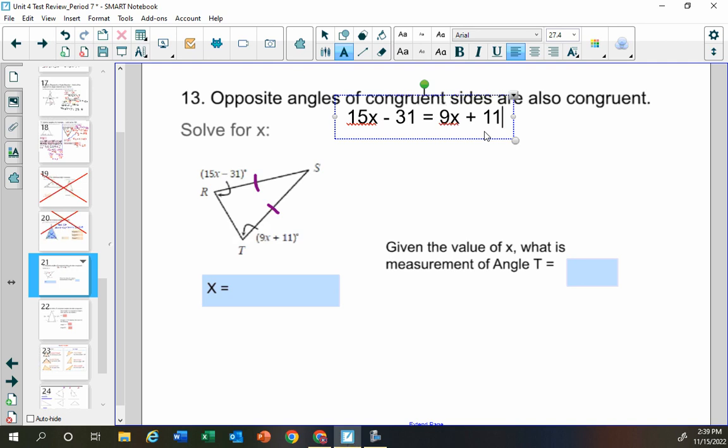What's 4 plus 1? 4. Good. Remember, this is not a race, ladies and gentlemen. So actually, 13 and 14. To solve x is the same setup.